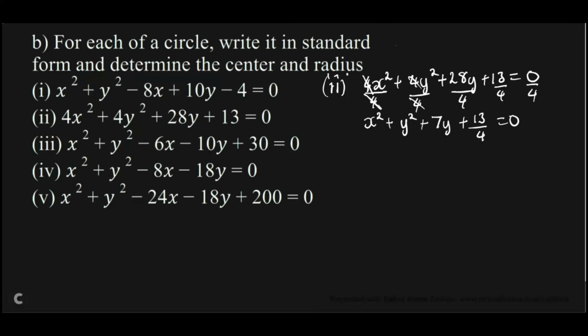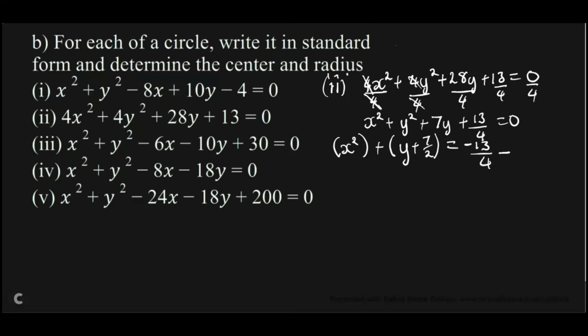You have x squared, because x squared is just one, so just leave it like that. Then the other part, y, the half of 7 over 2, right? Then this one will go this side, 13 over 4 goes this side.